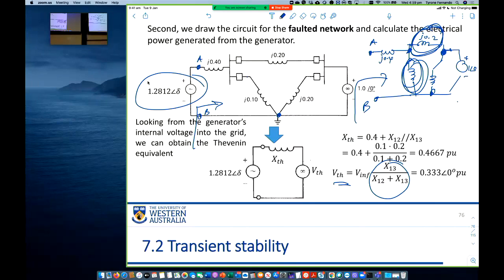So we have the Thevenin voltage and Thevenin impedance, and now this circuit can be represented like that. During the fault, I can write the power injected by the generator: it is going to be 1.2812 multiplied by the Thevenin voltage, sine delta, divided by X Thevenin.